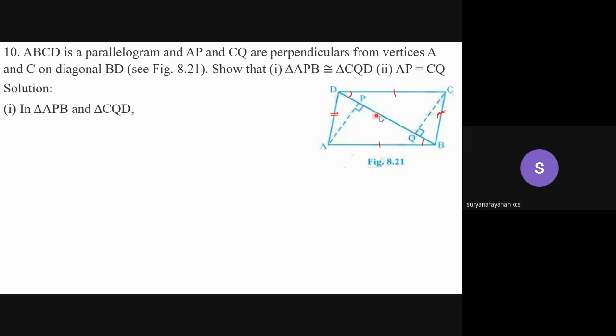APB is a right angle triangle, and CQD is also a right angled triangle. Now can you tell me which parts can be compared? I marked them by red lines, red arcs.